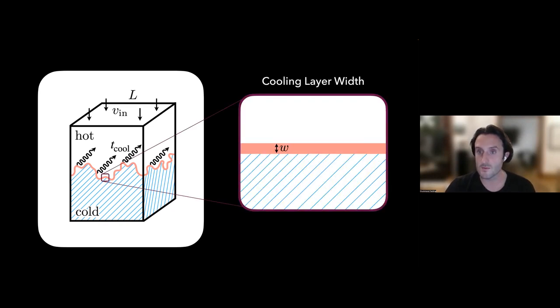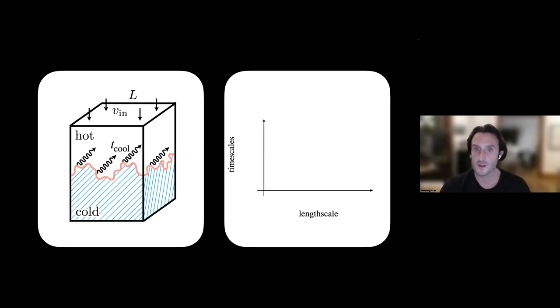So I'll just sketch out briefly how we estimate these two things. First, the width of this cooling layer. It's a very, very simple argument. If we measure, say, the power spectrum or the structure function of the turbulent velocities within this mixing layer, it's remarkably Kolmogorov-like.